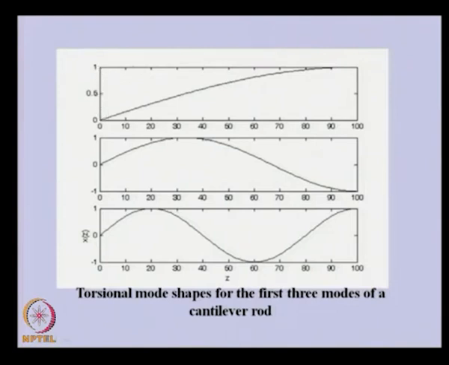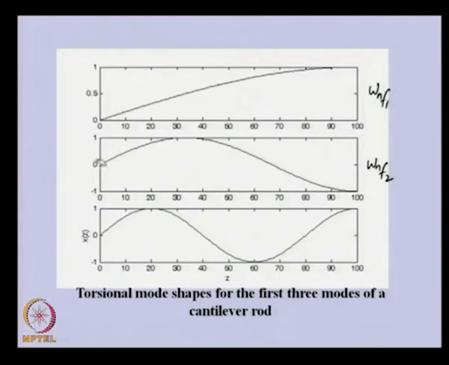We have taken the maximum displacement as unity, which for this particular case is for the first mode. This belongs to the first natural frequency corresponding to i is equal to 1.